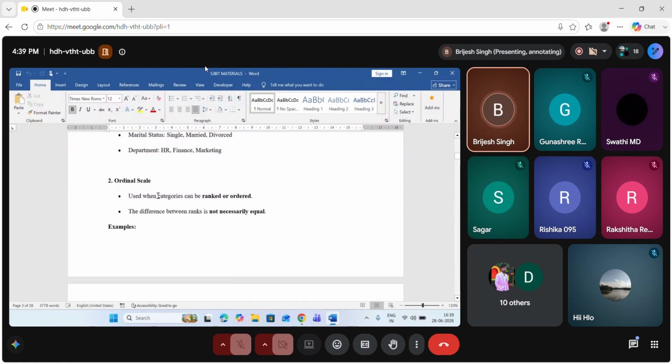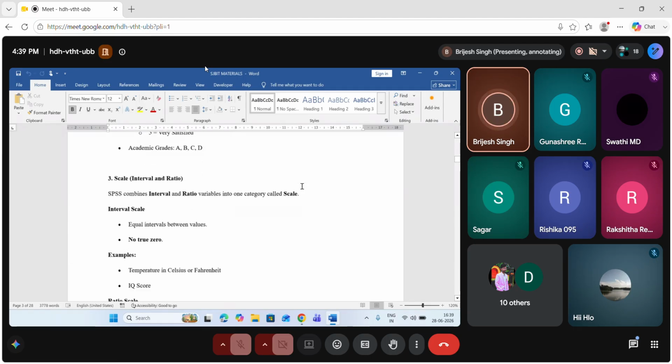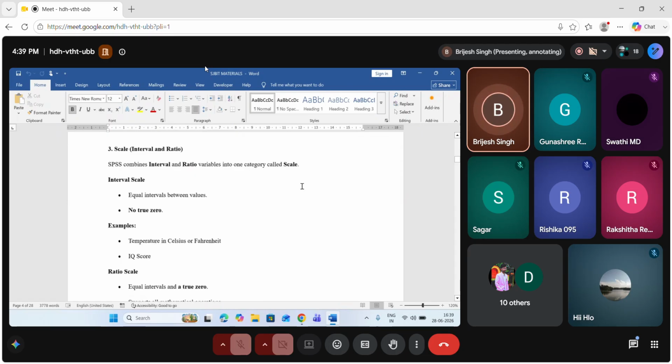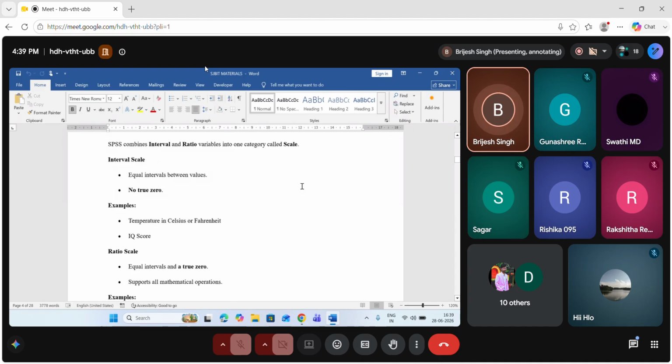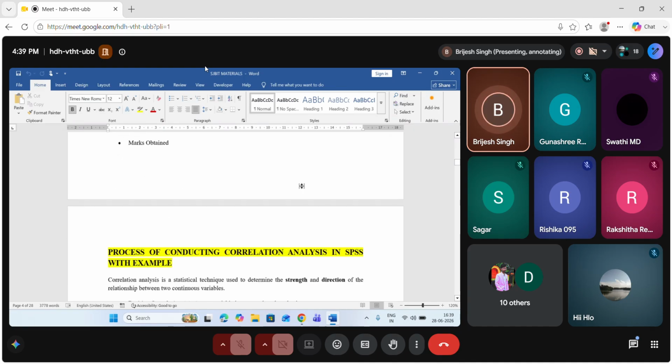Then ordinal is where you categorize everyone based on the rank or the order. And scale, quite obviously, goes with equal intervals between the values, like salary differentiation, age differentiation, temperature, all those kinds of things.